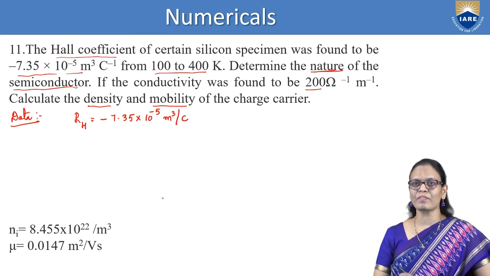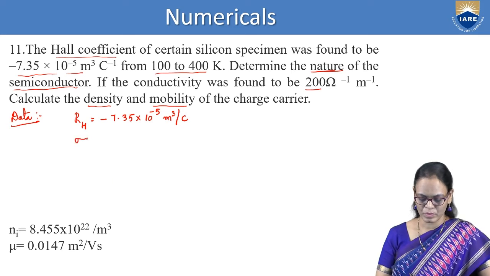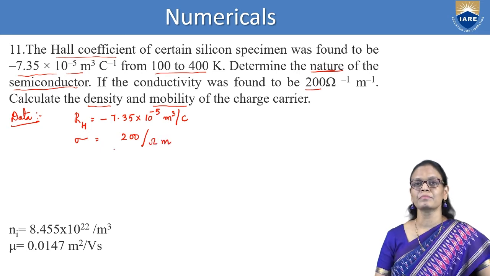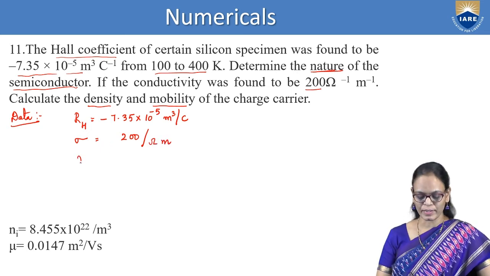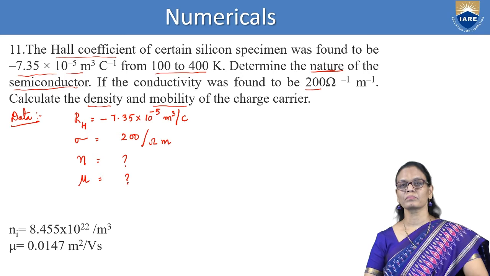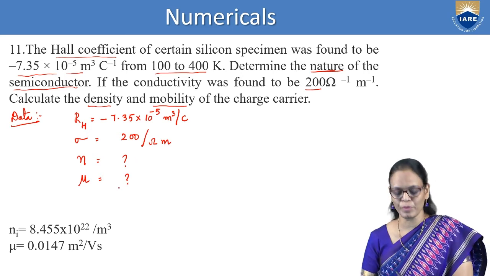And then we are also given the conductivity. Sigma is equal to 200 per ohm meter. You need to calculate the charge carrier density N and also the mobility mu.